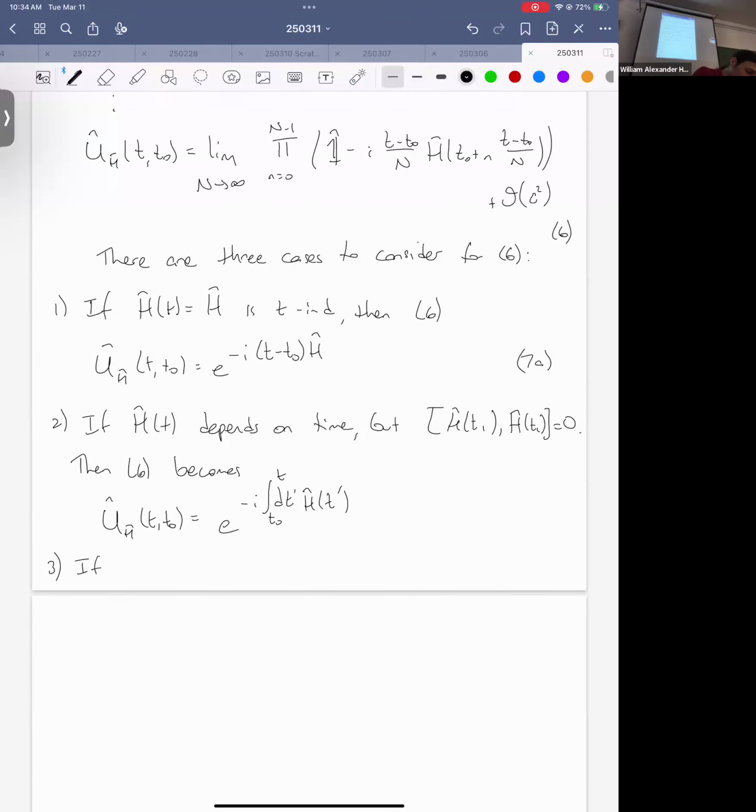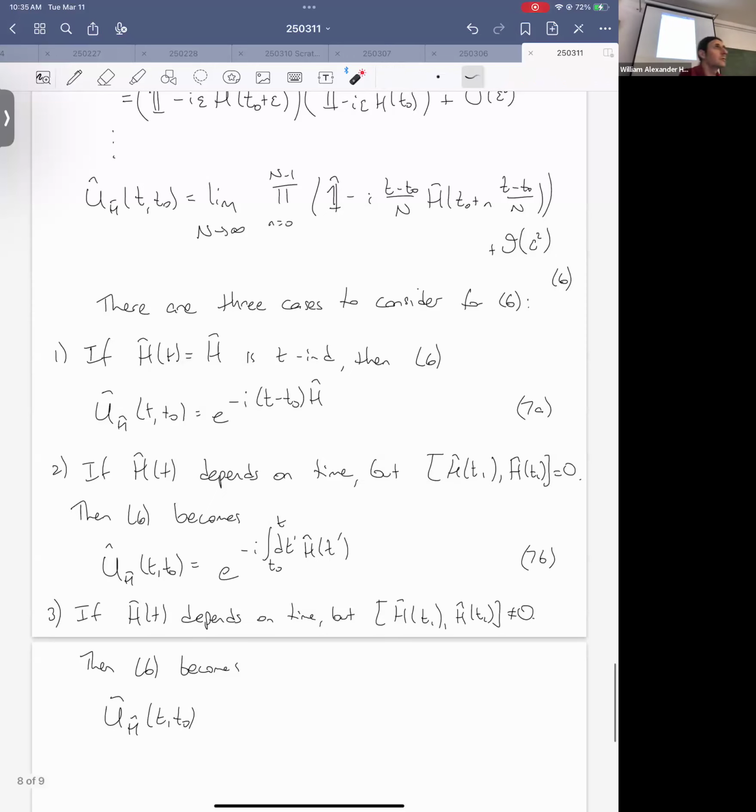The last possibility is the most complicated one. If H hat of t depends on time, but the Hamiltonian does not necessarily commute with itself at different times, now we have to worry about the ordering of these operators.